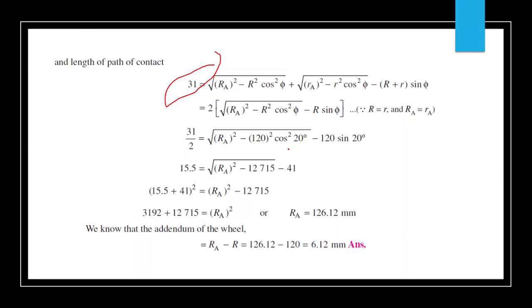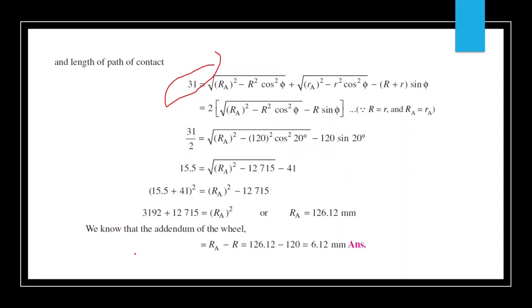We can substitute small r and capital R, both equal to 120, and phi equal to 20 degrees, so that we can easily calculate capital Ra, the addendum circle radius.